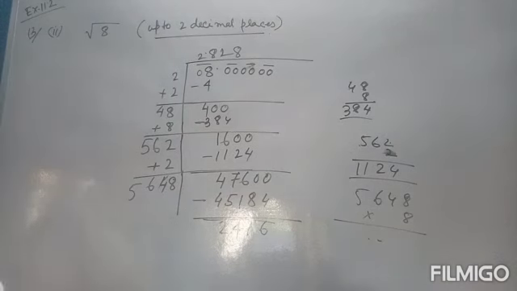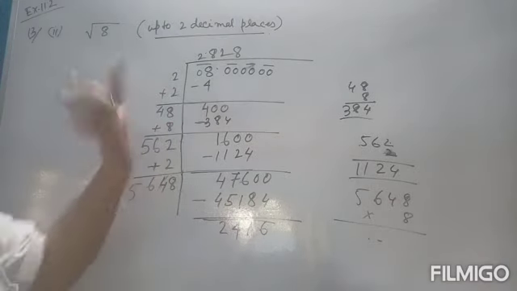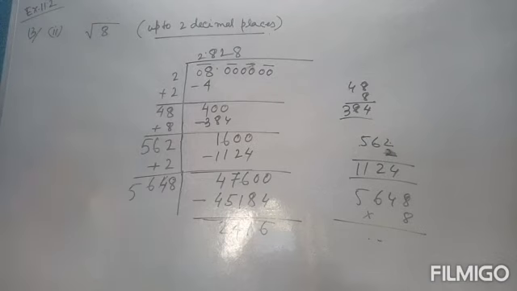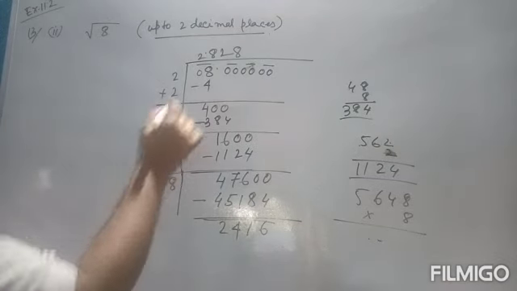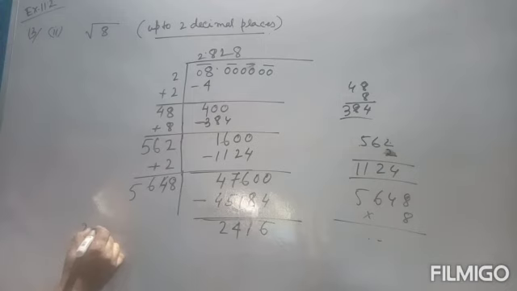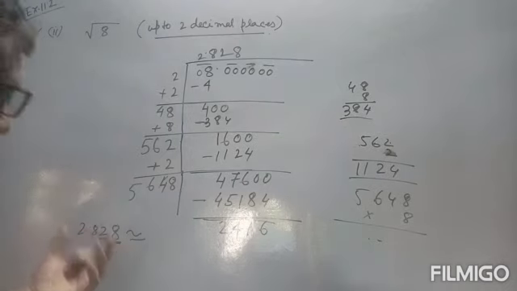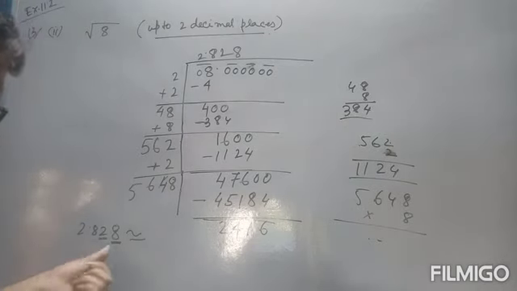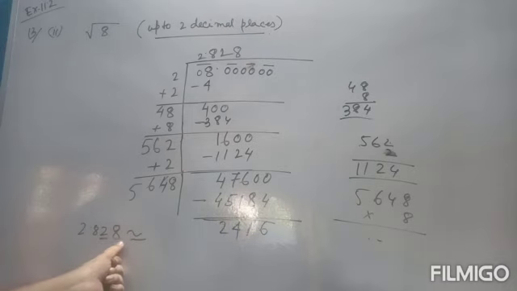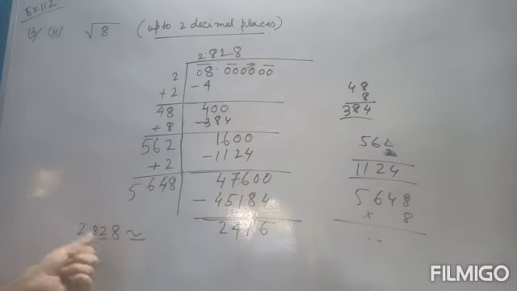2 places of decimal. So if we take up to 3 places of decimal, then we approximate, and we get the answer. Root 8 is 2.828. The digit in the third decimal place is 8, which is greater than 5. If it is greater than or equal to 5, then we add 1 to the previous digit to correct up to 2 places of decimal.